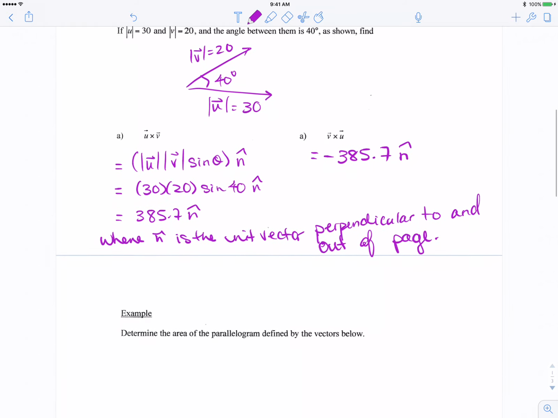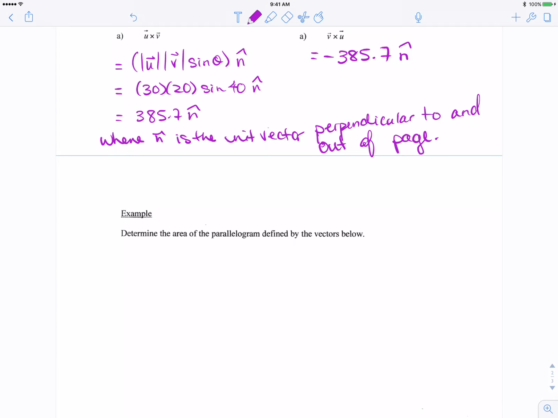One more example though with area. Notice a second way. It's not going to ask for the cross product like it did here. It'll say determine the area.